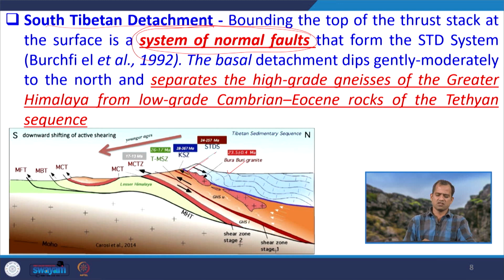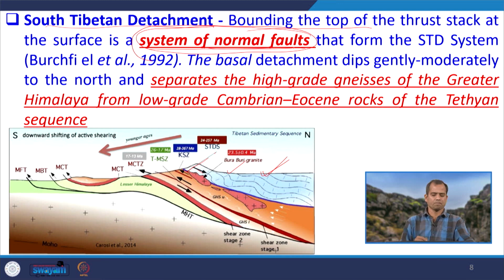This is the bounding structure at the top of the thrust stack at the surface, a series of normal faults called the South Tibetan Detachment fault. The Tethyan Himalayan sequence is going down with respect to the Lesser Himalayas and Higher Himalayan sequence, and it is separated by this normal fault, the South Tibetan Detachment fault or STD.